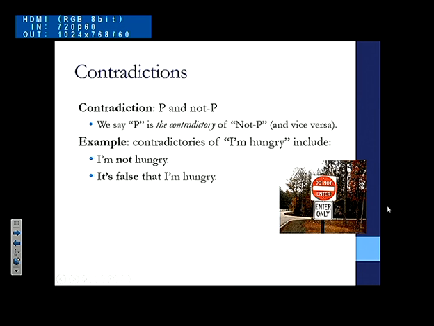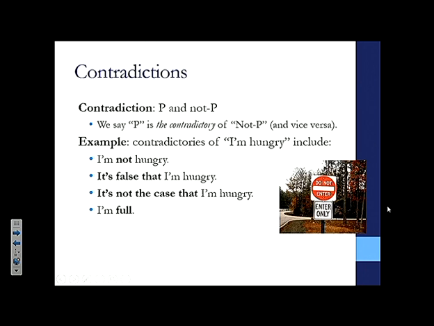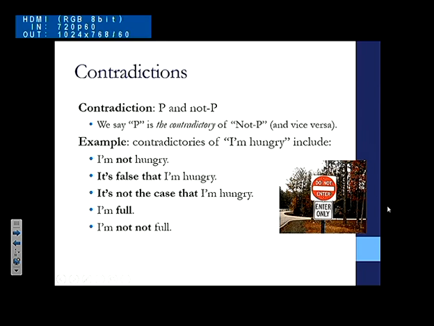It's not the only way to put it. You can say it's false that I'm hungry. You can say it's not the case that I'm hungry. You might simply say, I'm full. These are all different ways of saying the same thing. So there are a lot of different ways of expressing contradictories. Somewhat more convolutedly, you can say, I'm not full, and that's the contradictory of I'm hungry.